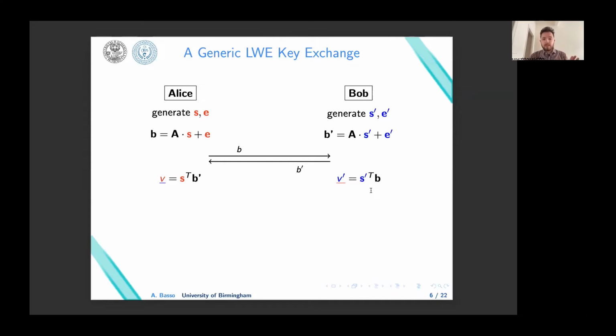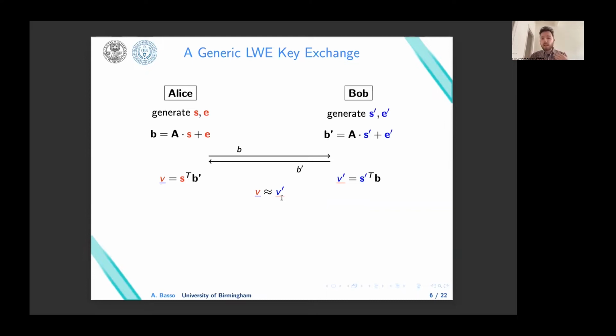The nice thing is that now V is almost the same as V prime. Just for reference, throughout this presentation, elements in red will be private to Alice, those in blue are private to Bob, and those in black are usually public. These have both colors because they are shared by both participants.